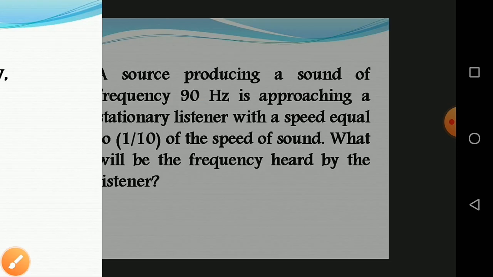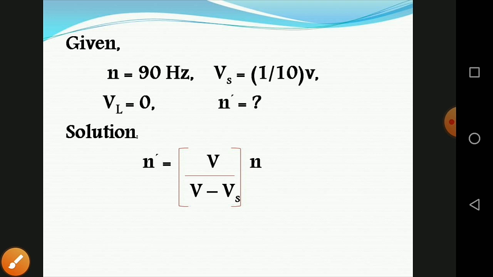So we write the given values. n is equal to 90 Hz, vs is equal to v divided by 10, and vL is equal to 0, because the stationary listener is at rest. We find the apparent frequency n dash.